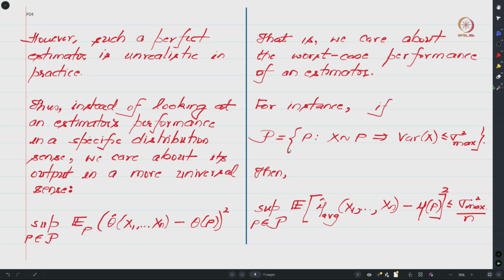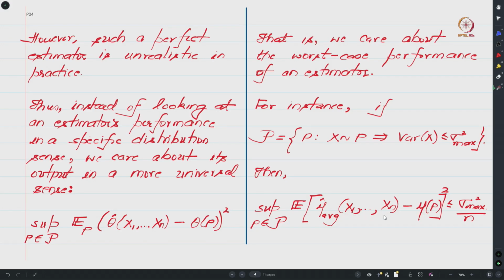Now, based on our analysis from our previous two lectures, one can show that if you work with the simple averaging algorithm, the one that just takes the input observations and takes their sample average, which I denote as mu hat average, then how good is such an algorithm at computing the mean of this unknown distribution using samples?